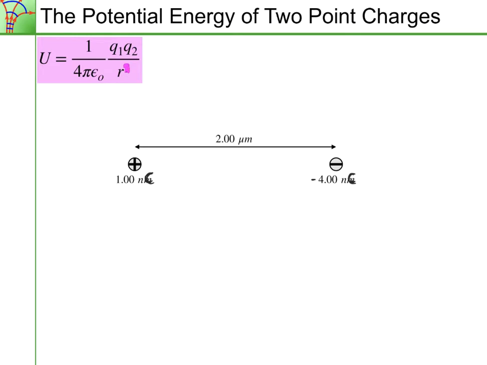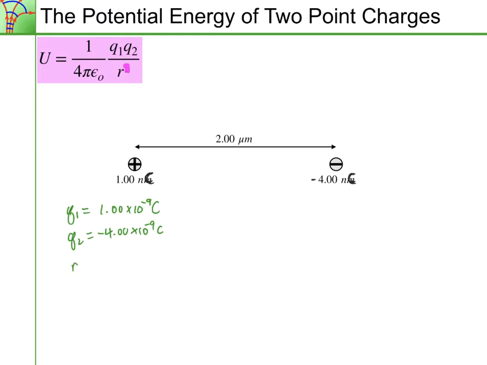So the potential energy, K Q1 Q2 over R, let's calculate it. Well, let's write down everything we know first. So we'll call Q1 1.00, and remember, a nanocoulomb is 10 to the minus 9 coulombs. Q2 is minus 4.00, that's the other charge, times 10 to the minus 9 coulombs.